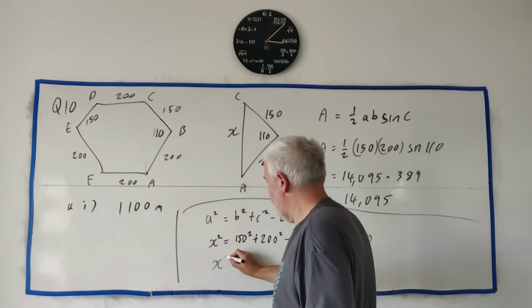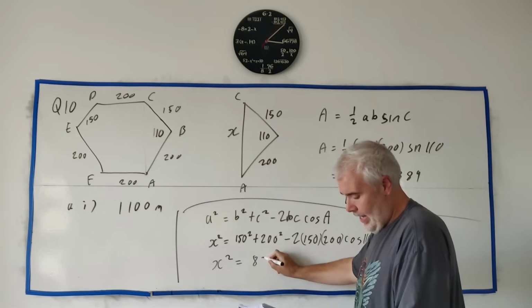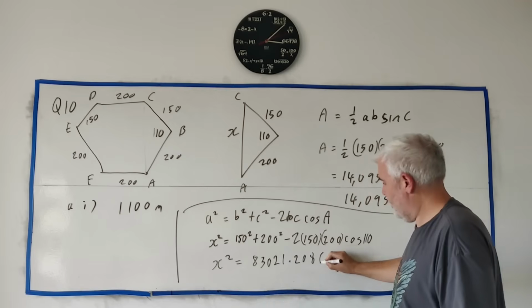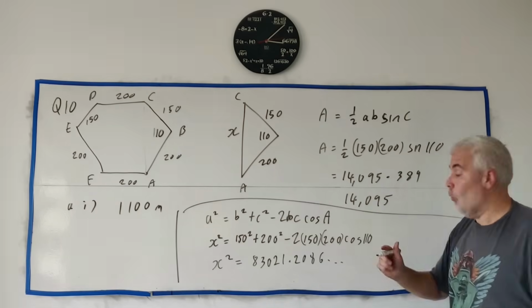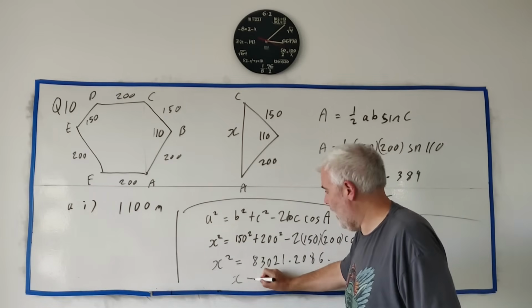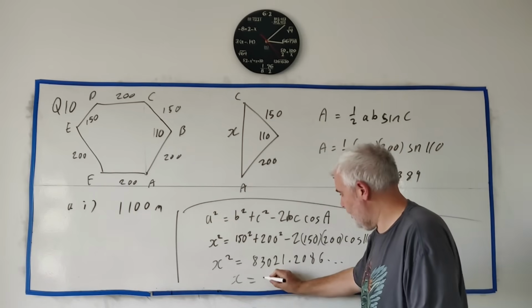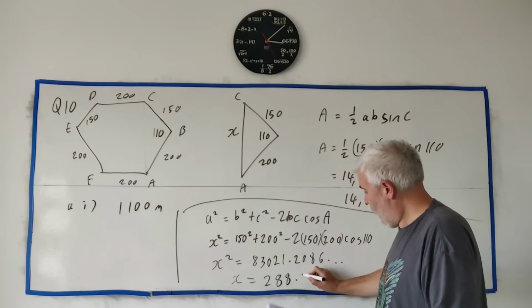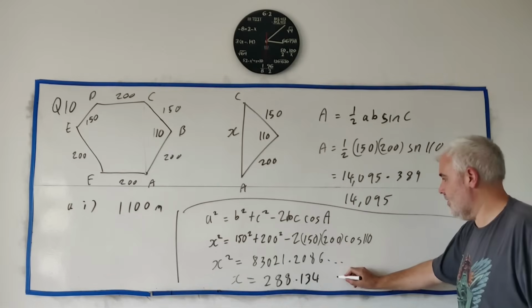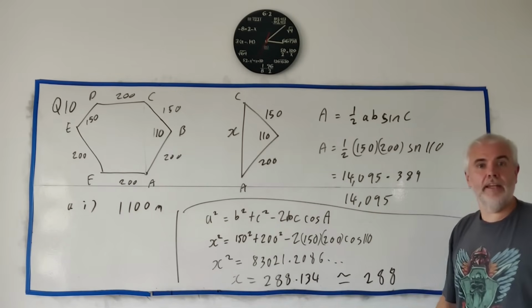If you put all of this into a calculator, you would get 83,021.2086, something like that. We take the square root of both sides. That'll get rid of this 2 here. And we're left with x is equal to 288.134. That's to the nearest meter, so that's the same as 288 is the answer.